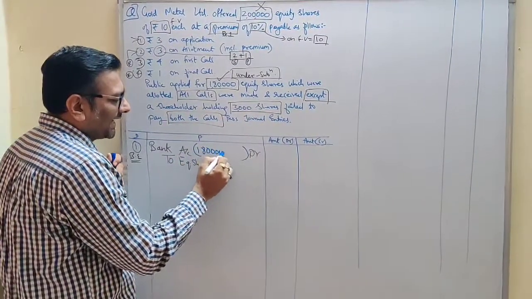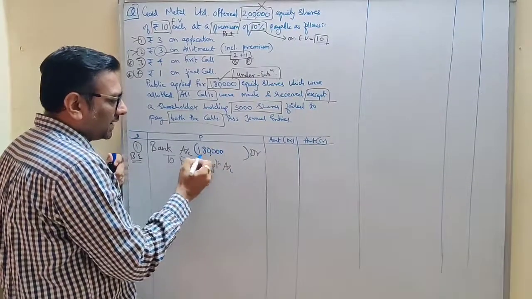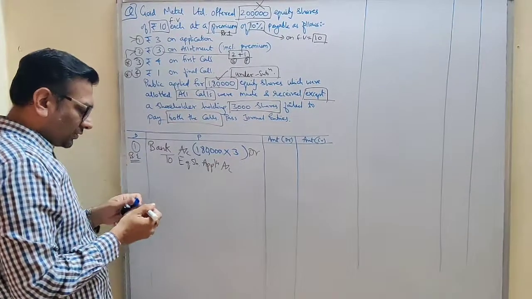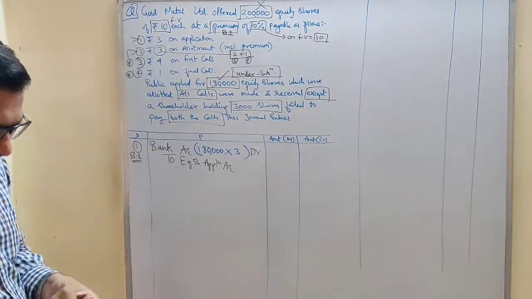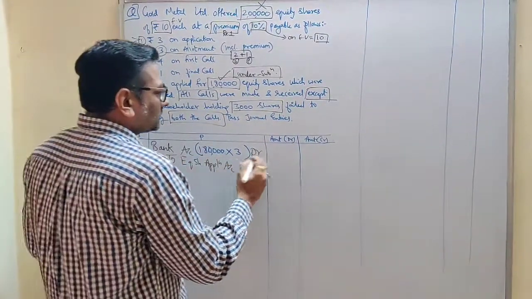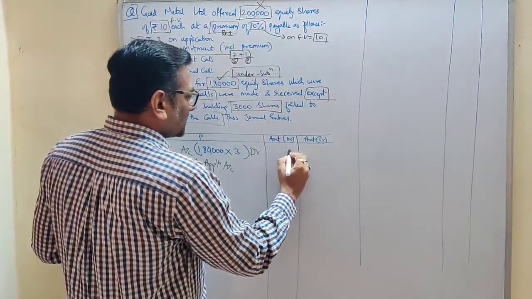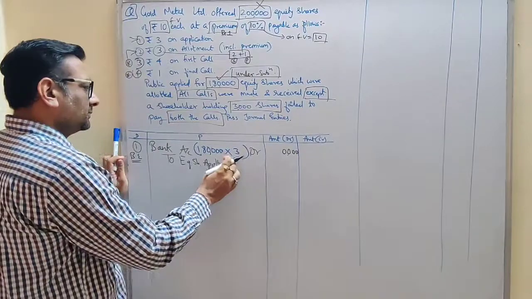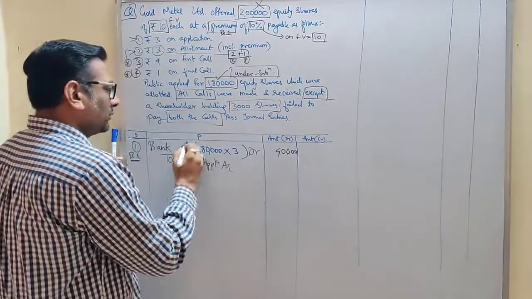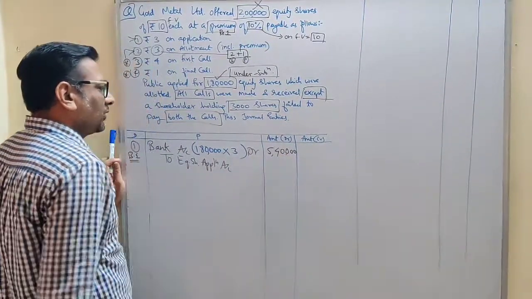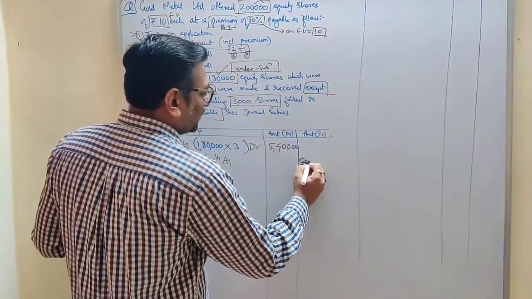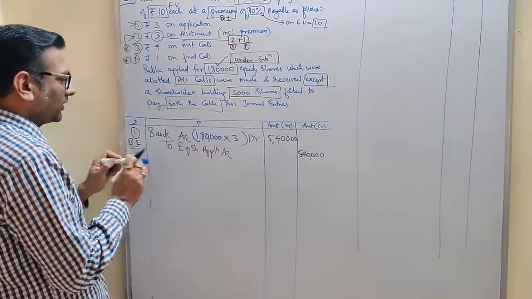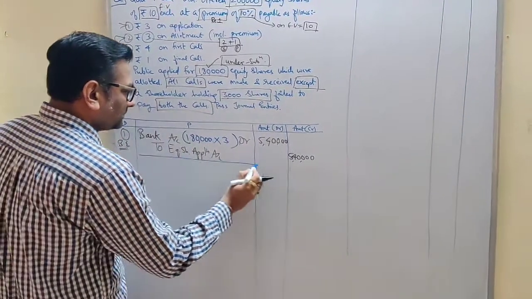You received 1,80,000 applications, and the application money was 3 rupees. So just multiply this: 1,80,000 times 3 is 5,40,000. So you received application money of 5,40,000.